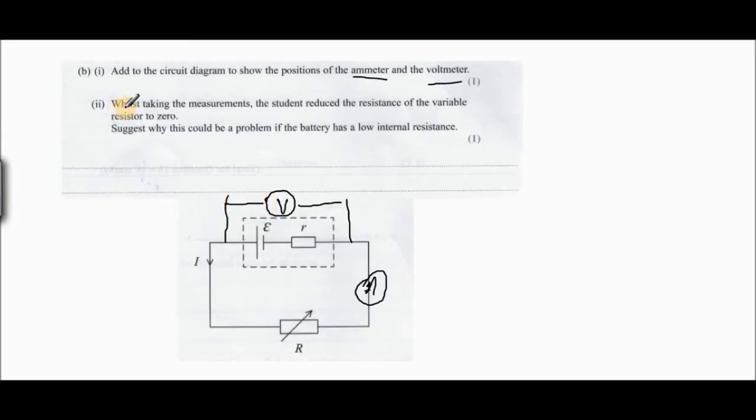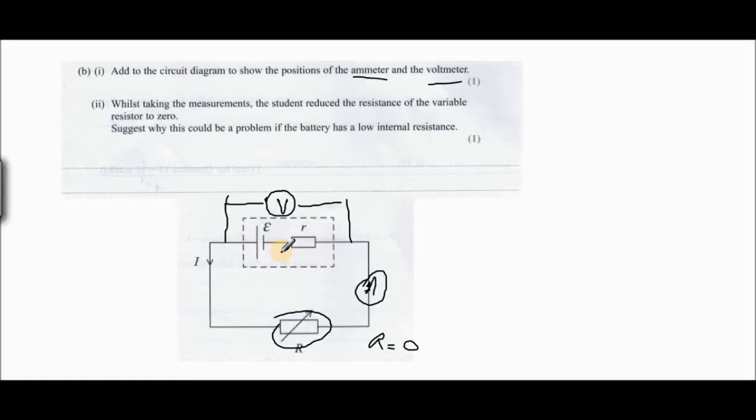Okay, so while taking the measurement, the student reduced the resistance of the variable resistor to 0. Suggest why this could be a problem if the battery has a low internal resistance. If we reduce the external load to 0, so R equals 0, then a large amount of charge will pass through the battery.